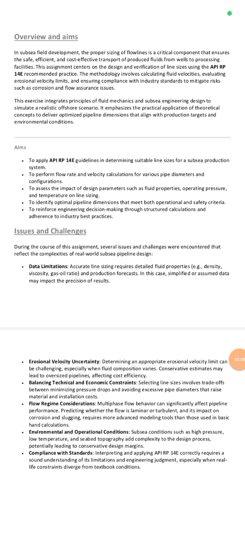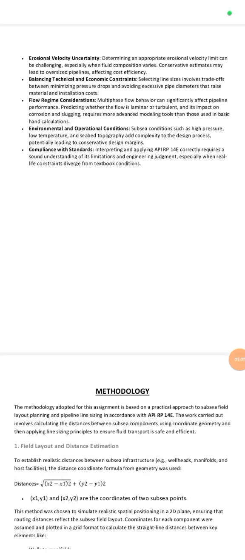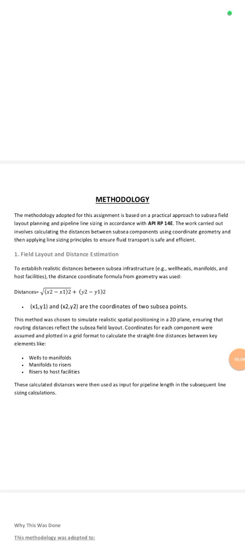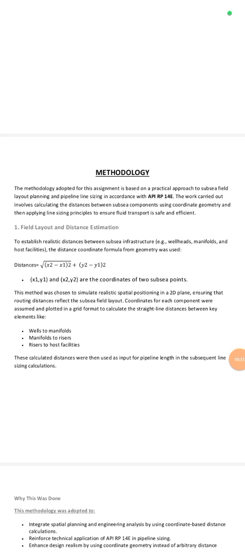Moving on to my contribution. My key task was to calculate the distances between major subsea components such as wellheads, manifolds, risers, and the host facility to create a realistic field layout.